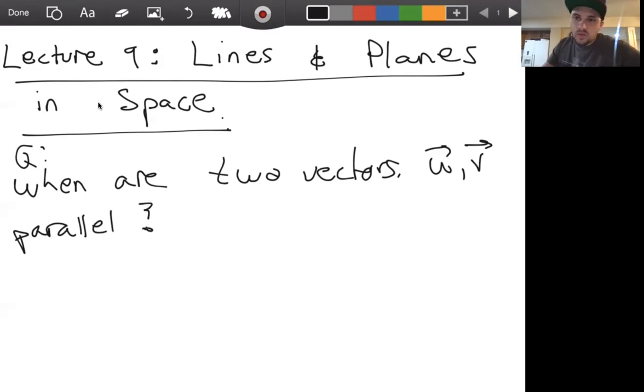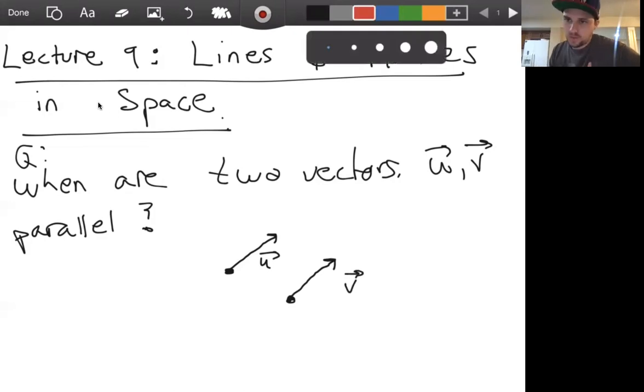Well, clearly we know they're parallel when a line in the direction of u and v, two lines never intersect. Then we would say, okay, well, these two lines are parallel. So then we'll say that these vectors are parallel.